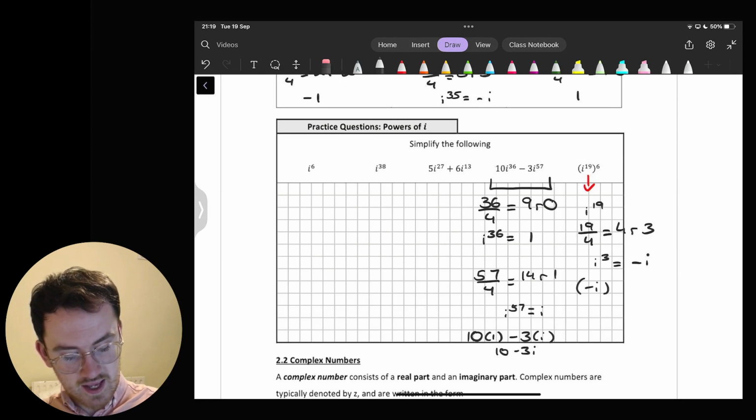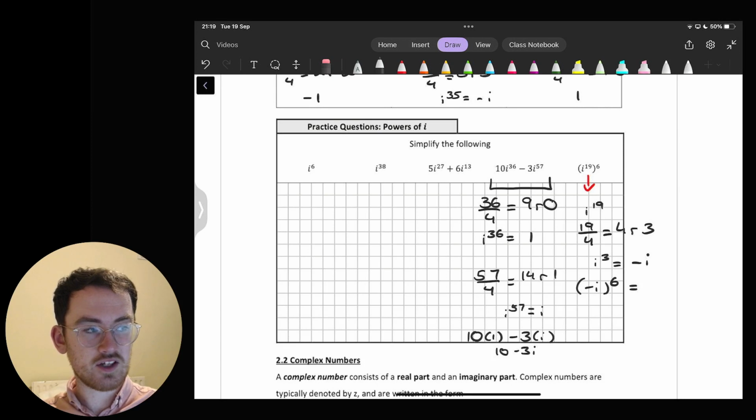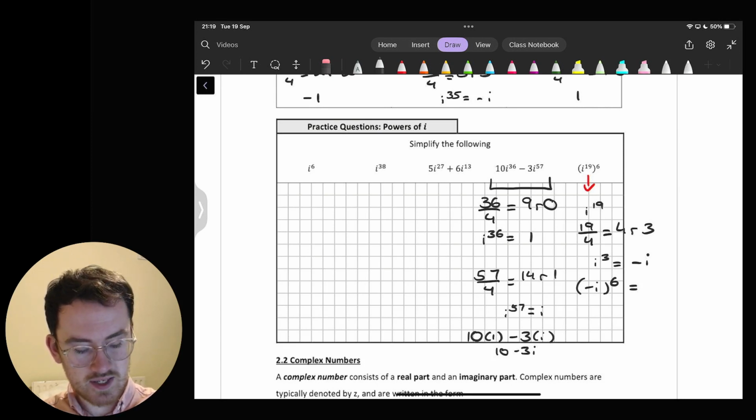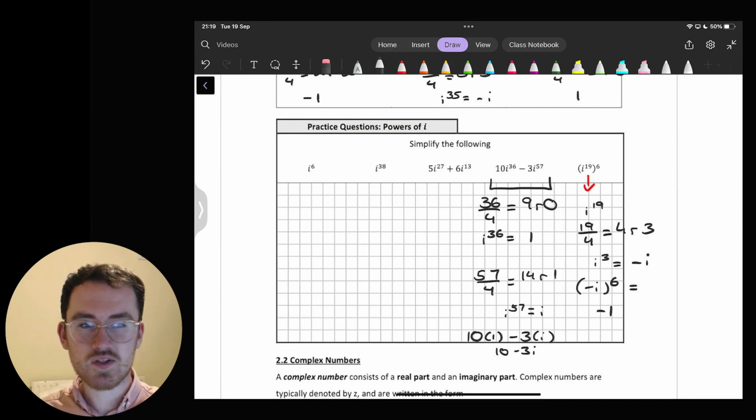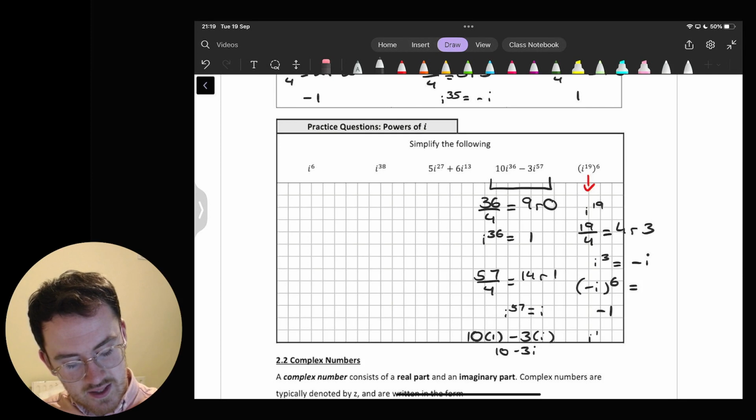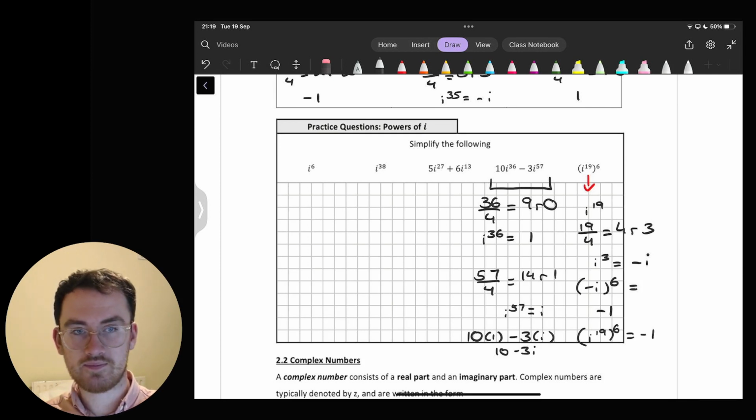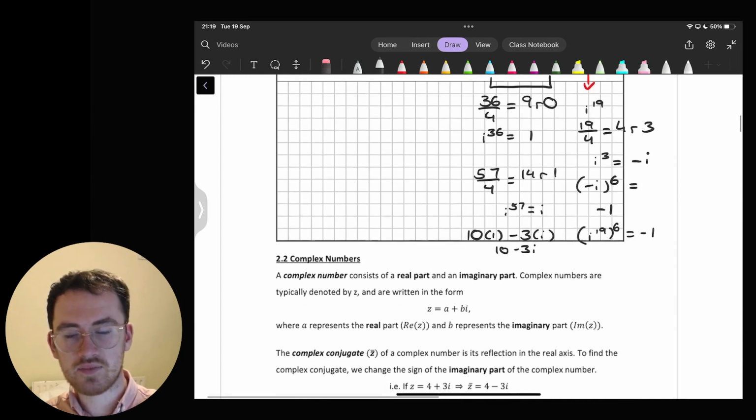Then minus i to the power of 6 gives me a value of minus 1. So that means i to the power of 19 to the power of 6 gives me a value of minus 1. Okay, so doing that inside one first and then computing the outside power.